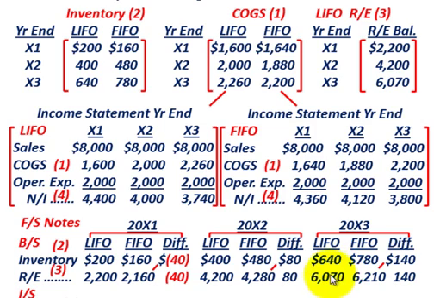Again, the difference between our retained earnings under LIFO versus FIFO is 140. So that's this relationship between our inventory and how it affects retained earnings. We knew the retained earnings for LIFO, and knowing the change in our inventory from LIFO to FIFO, whatever increase or decrease, increases or decreases our retained earnings.